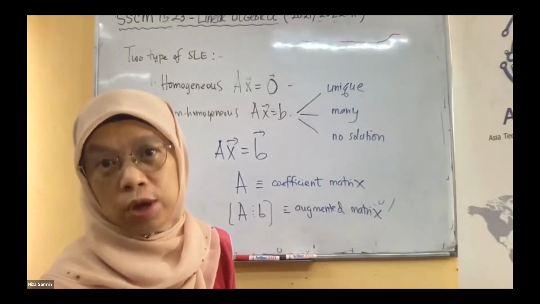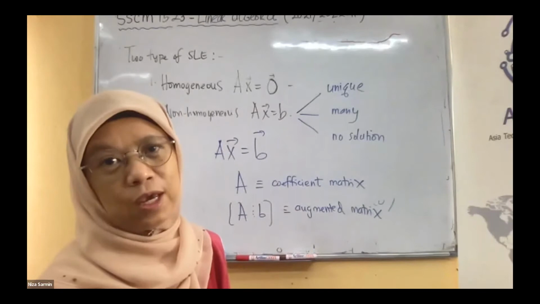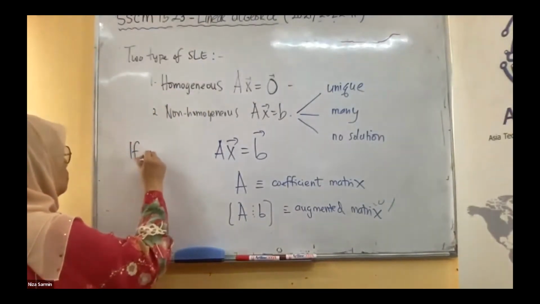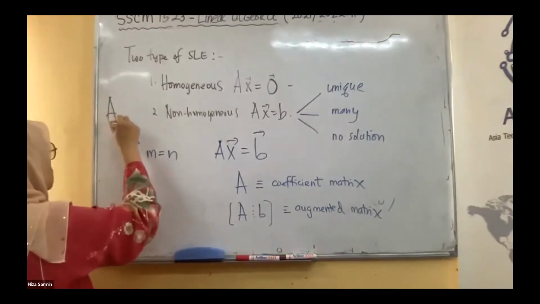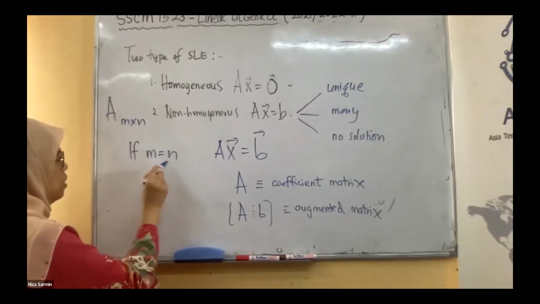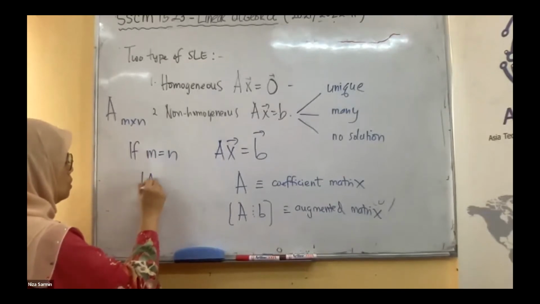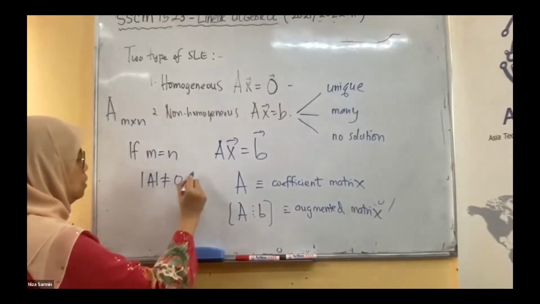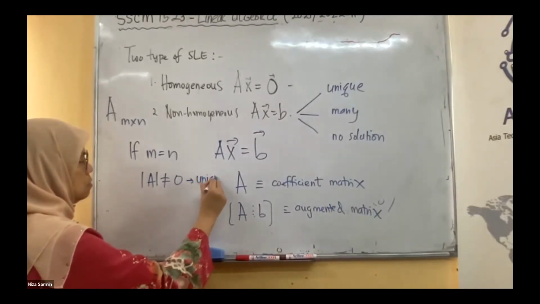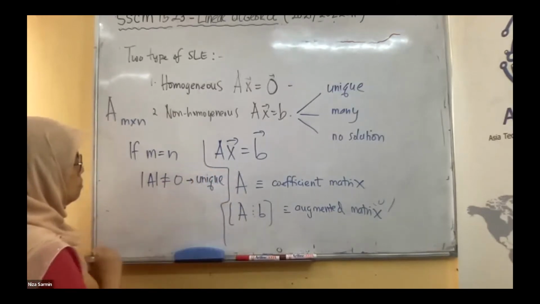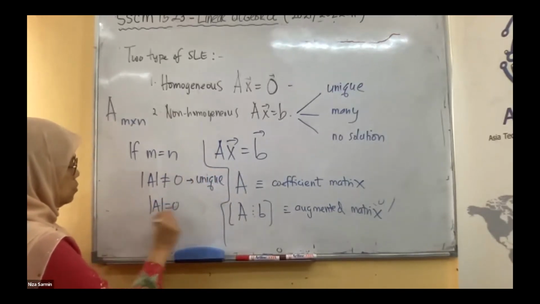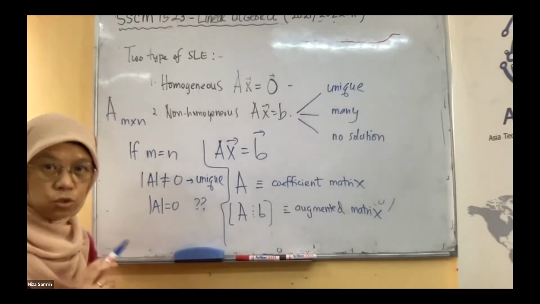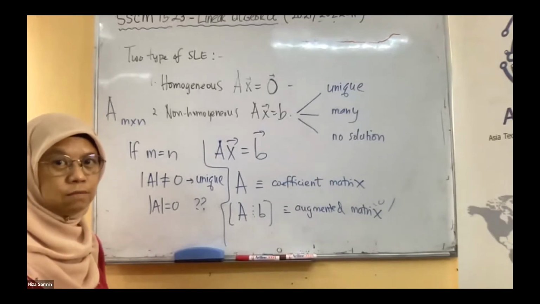If the matrix is square, like before, we can also check the determinant. Suppose A is an M by N matrix. If M is N and the determinant is not 0, then you have a unique solution, right? If the determinant is 0, we are not sure whether there's no solution or many solutions.